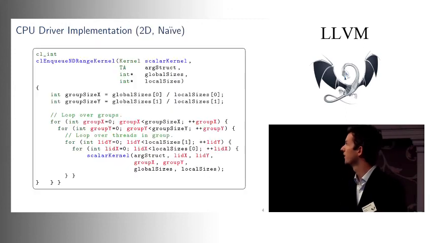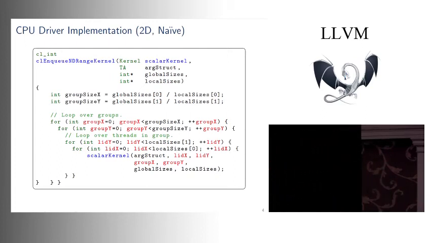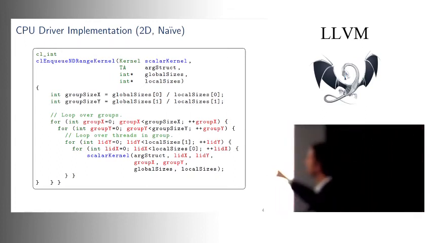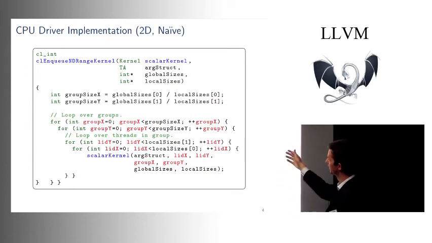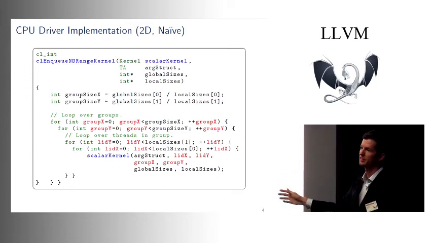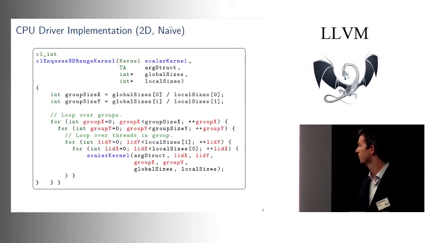This is more or less the C code we are using in the CPU driver, which essentially loops over the groups, and then inside each group loops over the local threads. This is an example for a 2D kernel, so you have one loop per dimension.